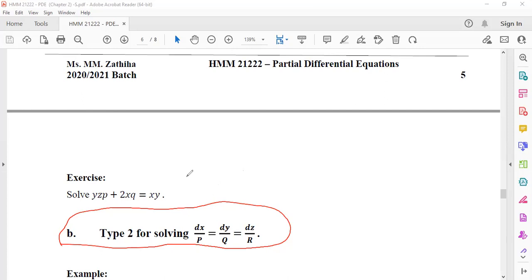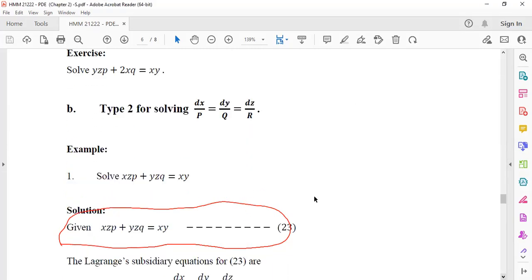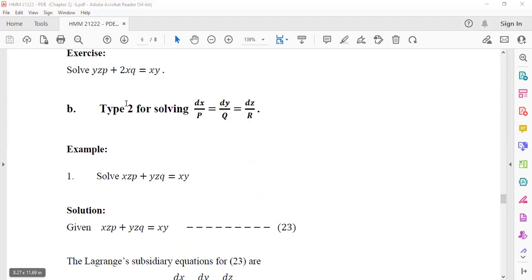Okay, some kind of example. Let me see. There's nothing to write, let's just start from the example, okay? Okay, so can you put this example? So we can do it by this example. Solve this kind of equation: xz p plus yz q, which is equal to xy.